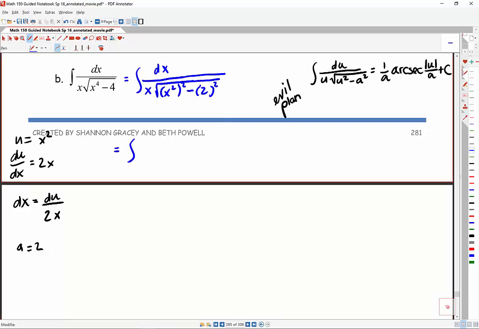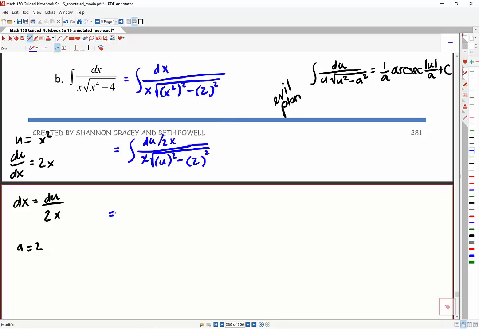This would be the integral of du over 2x, divided by x times the square root of u squared minus 2 squared, right?